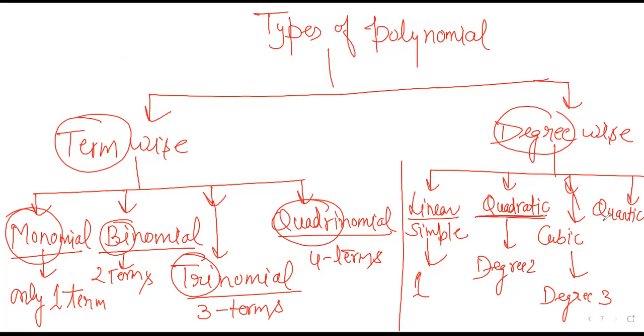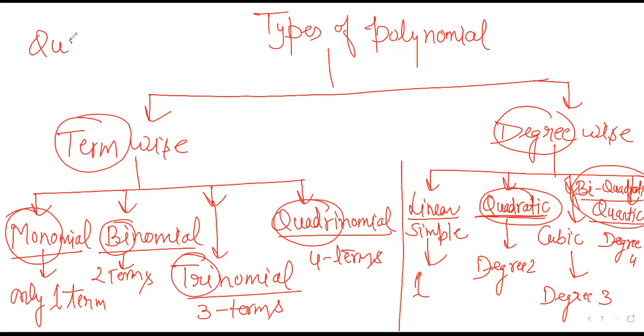Please keep this in mind: this is quadratic, with degree 2. And a polynomial of degree 4 is known as biquadratic, or you can simply say quartic.